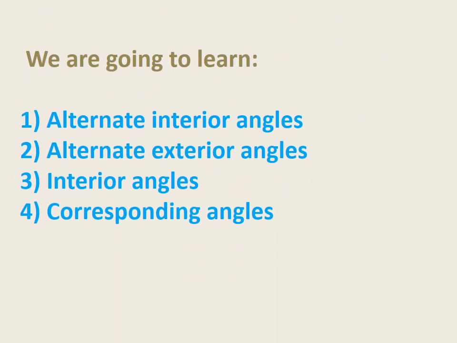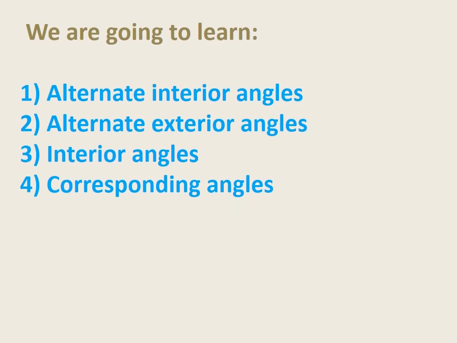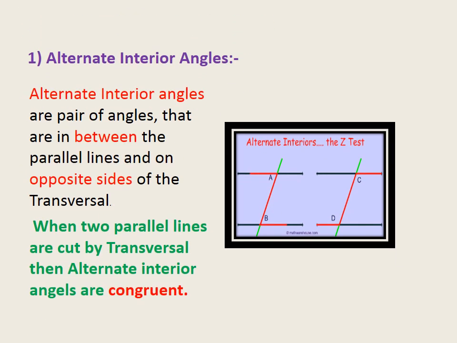In this chapter, we are going to learn first, alternate interior angles, second, alternate exterior angles, third, interior angles, and fourth, corresponding angles. First, alternate interior angles. Alternate interior angles are a pair of angles that are in between the parallel lines and on opposite sides of the transversal.